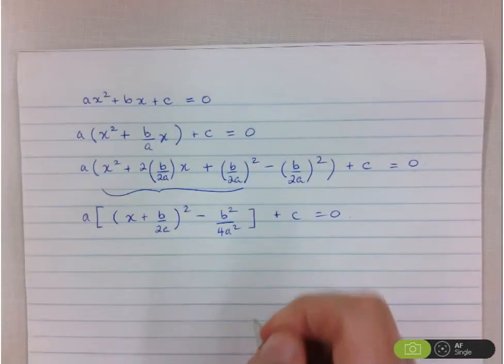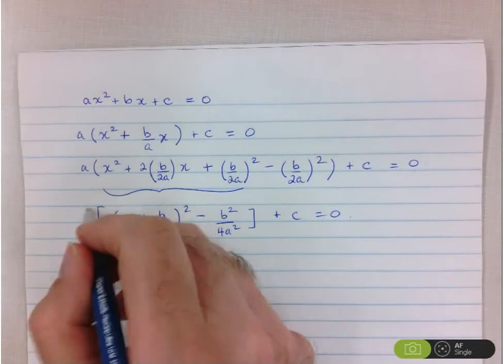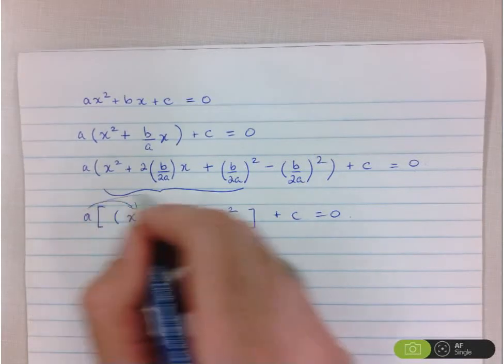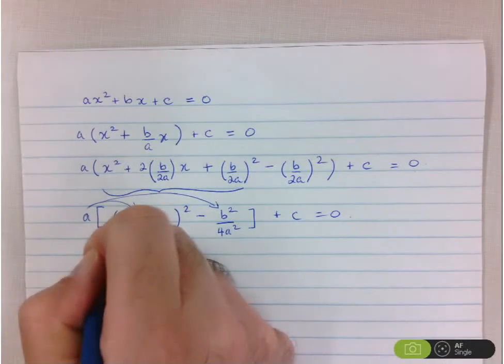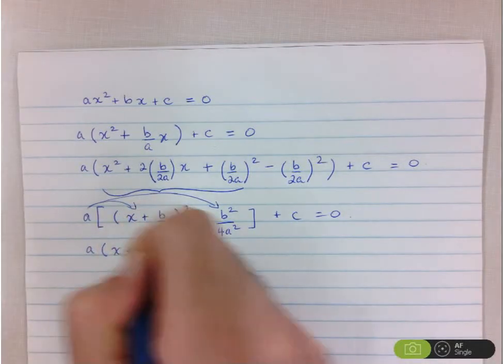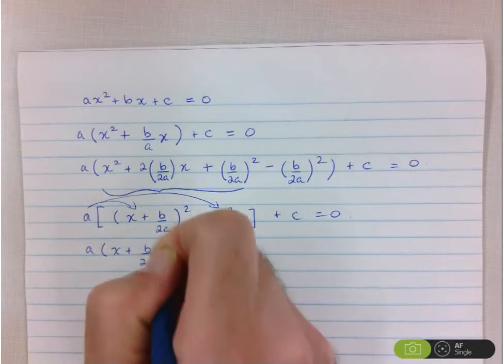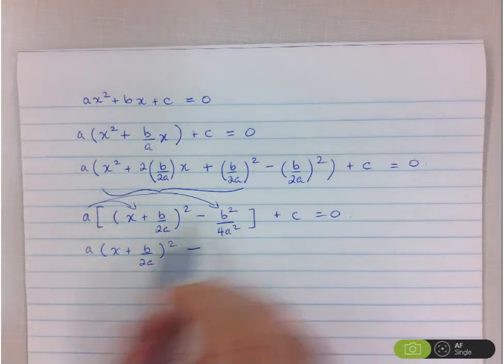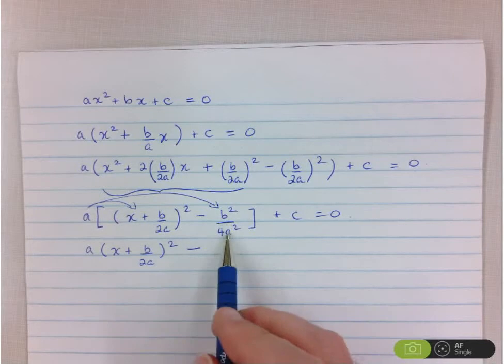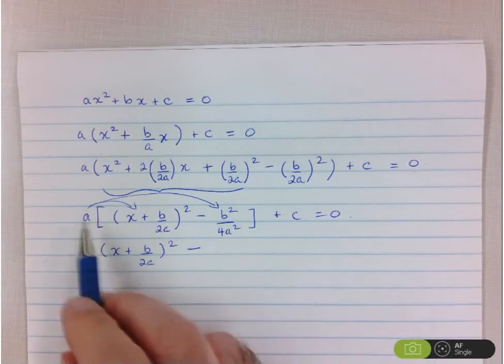And now we'll distribute out the a to both the perfect square and to the other term in the binomial here. Okay, so let's do that. Multiply a times the perfect square, x plus b over 2a, all squared, minus. Now when we multiply this, we notice that we have an a in the numerator and an a in the denominator. So let's actually cancel those out.